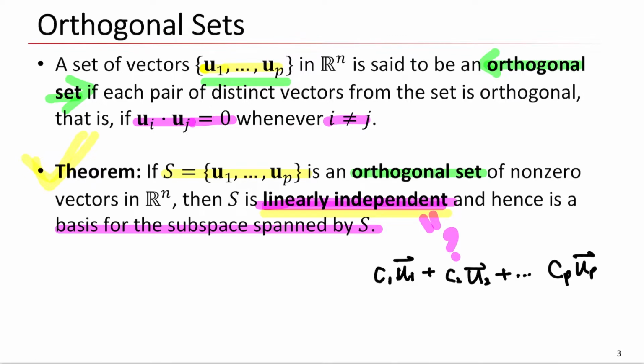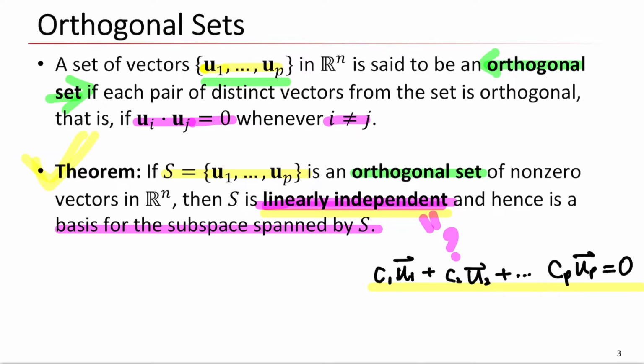Linear independence means that the solution of this equation only has the trivial solution. So when c1 through cp are equal to 0, this equation is satisfied only then. So this is the definition of linear independence.